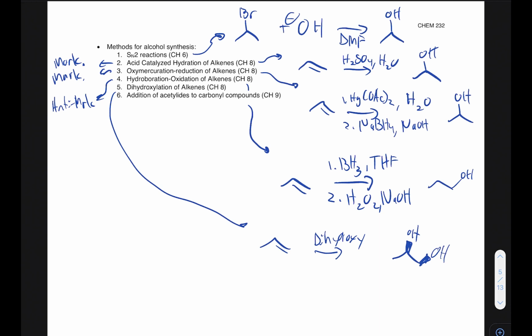And then for this last reaction, number 6, which we just covered in our chapter 9 notes, if we have an acetylide, this negatively charged alkyne, and we react it with a ketone of some sort, or a carbonyl, we can do a ketone, or we can even do an aldehyde, and we include an acid with them.